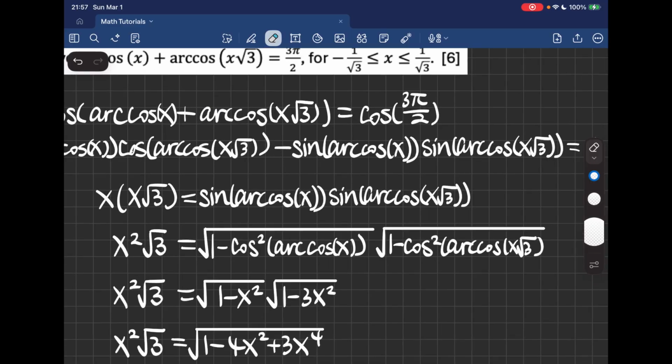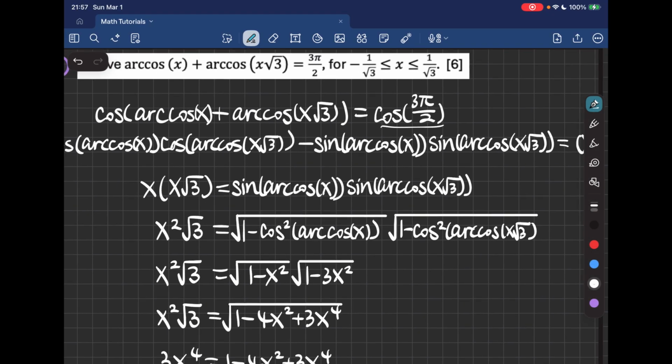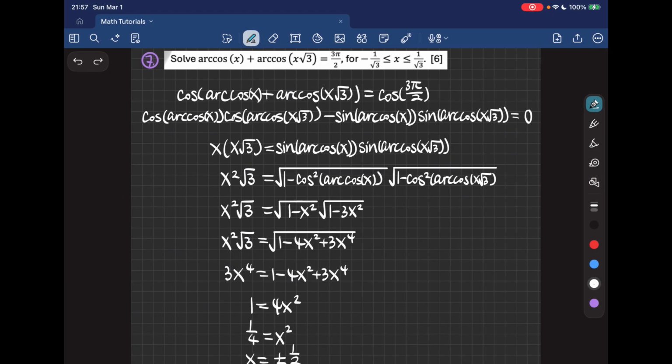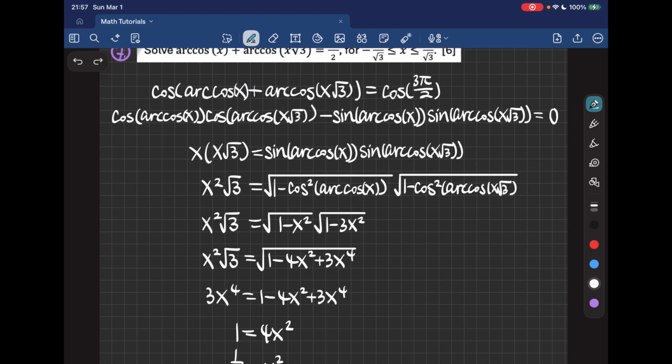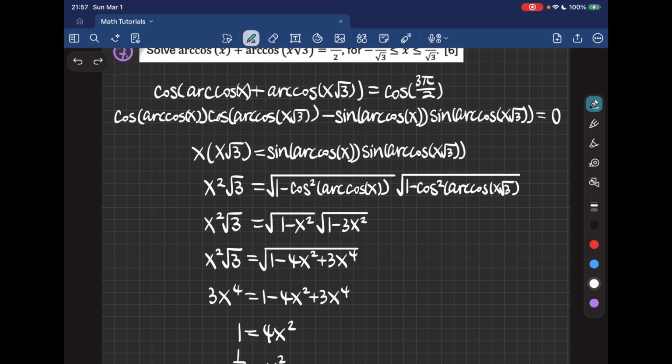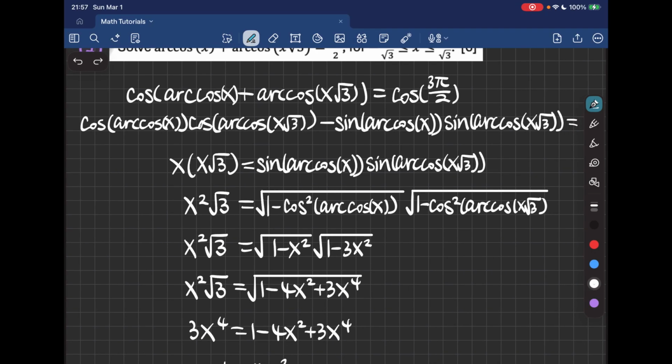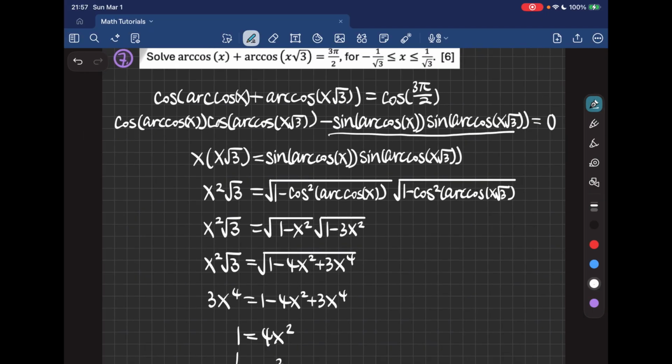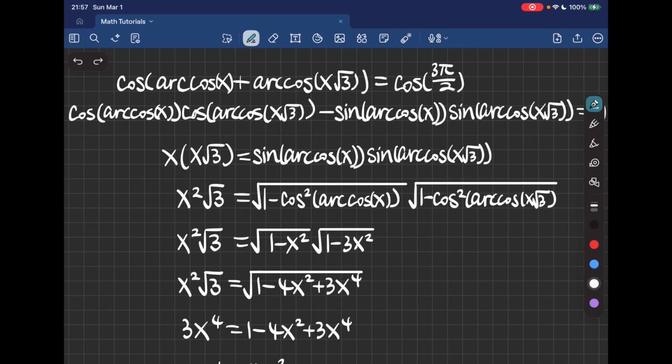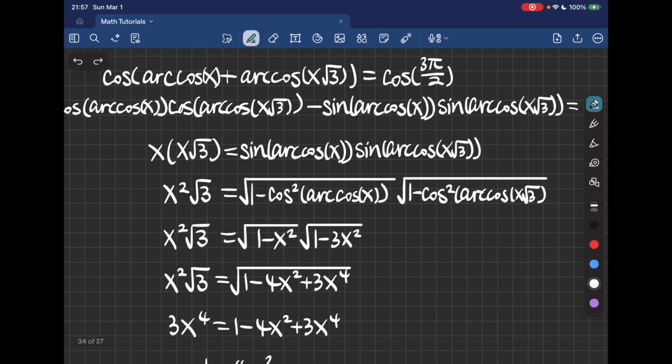And cosine 3 pi over 2 will simply give us 0. So now this thing is very long, so we will write it in a more simplified version, and we can move this sine term to the right side. So on this part, we will only have x times the square root of 3 left. So now we have this sine product on the other side.